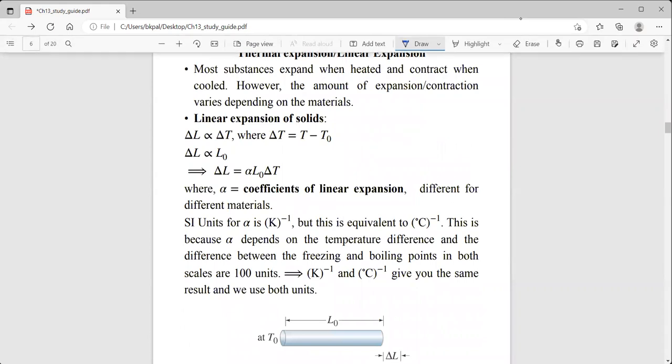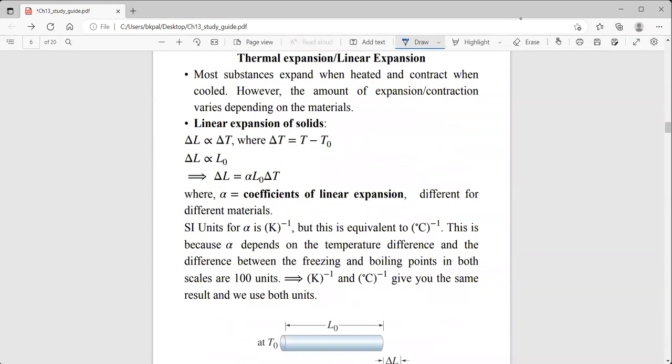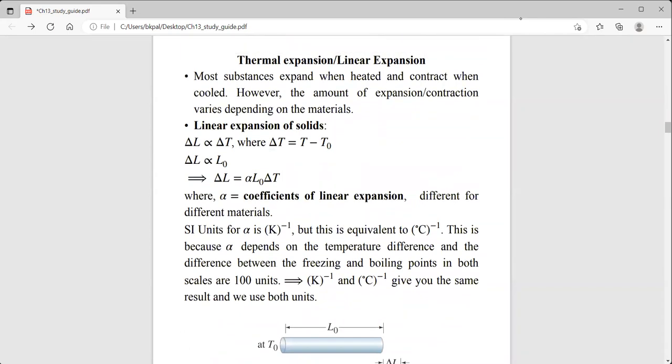All right. Now let's talk about thermal expansion. Earlier we learned that when the temperature of an object is increased, it expands. When the temperature is decreased, it contracts, right? So now let's try to understand it quantitatively.